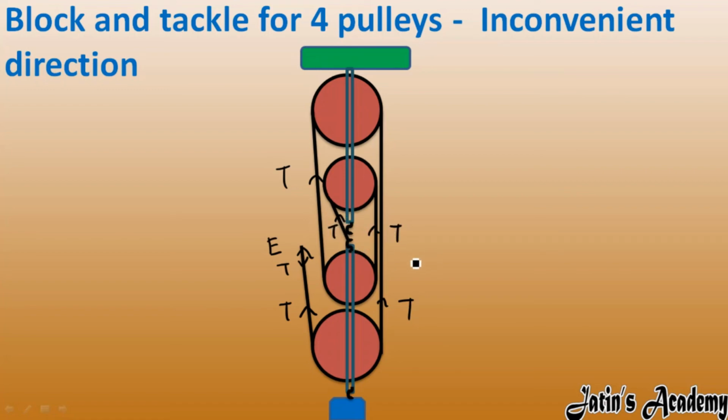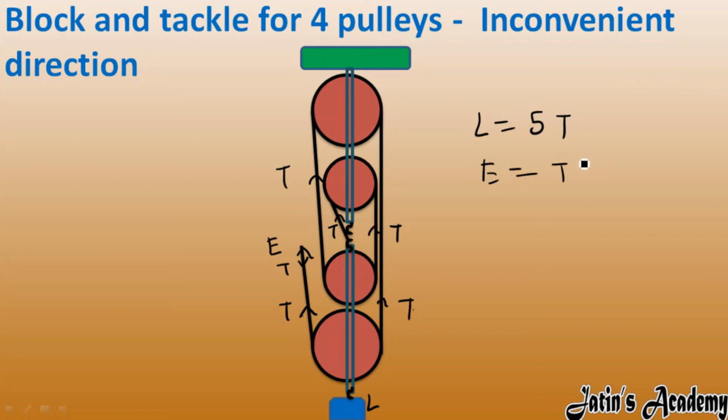Now here we have upward tension 1, 2, 3, 4, 5. So the load is handled by these 5 tensions, and effort is handled only by this tension. Clear?